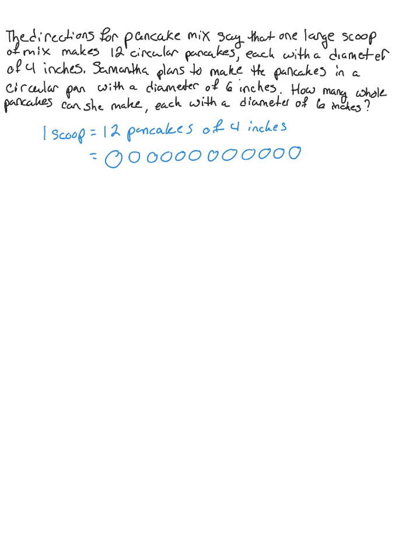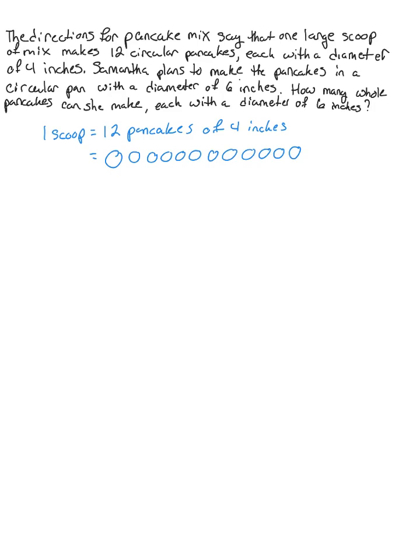All right. So the key to answering this question is it's an area question. If we can find the surface area of these 12 pancakes and then figure out how many of the 6-inch diameter pancakes can go into that, then that will give us our answer.